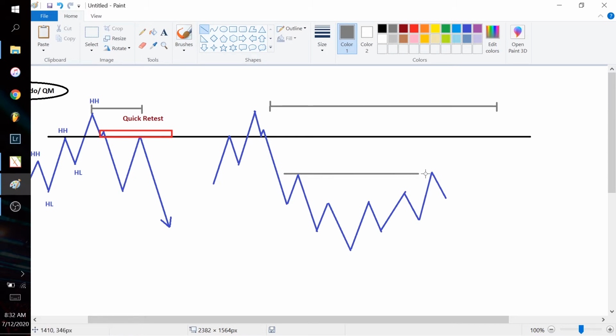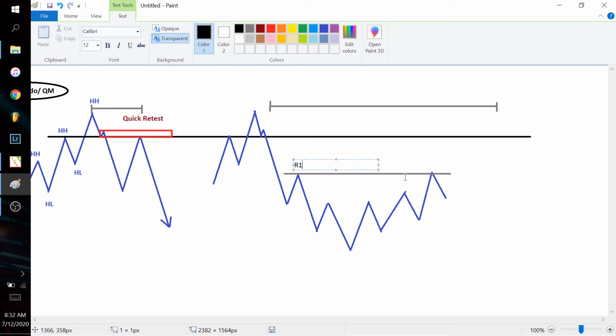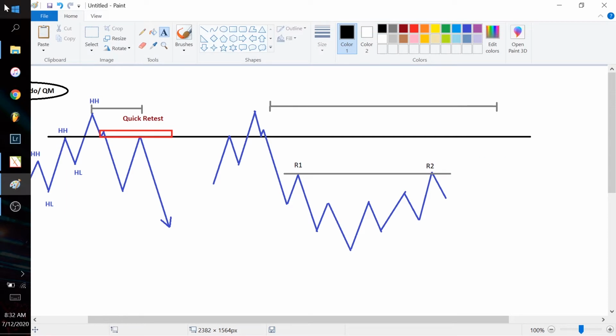And maybe along the way you have a fake out, so you have an R1 and you have an R2, and after that price is going to come up a little bit more, maybe make a rising wedge, for example, assuming this is a rising wedge, and finally we drive into our zone and then reject and drop heavy.